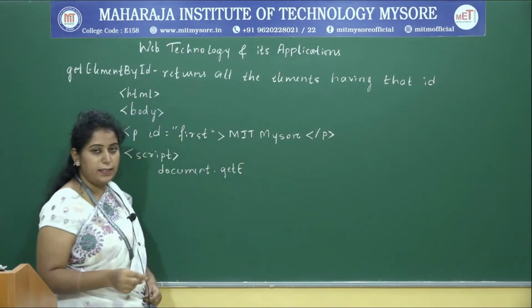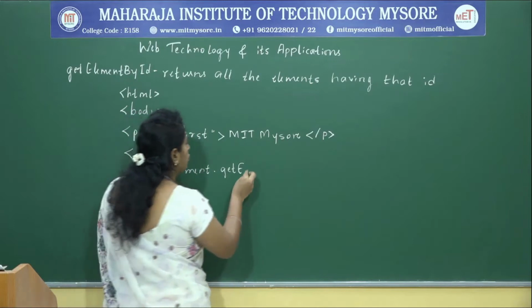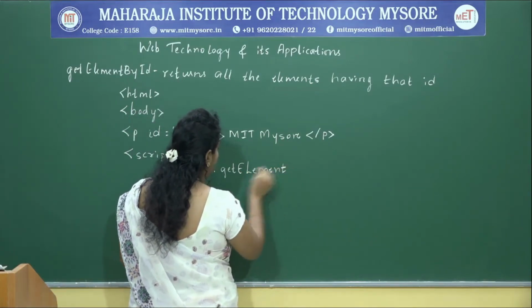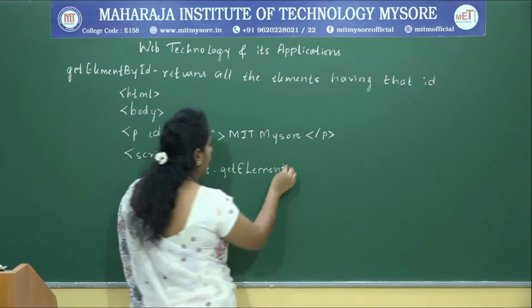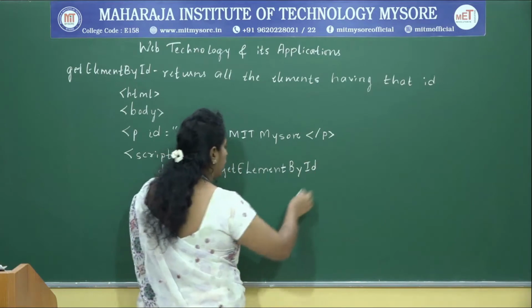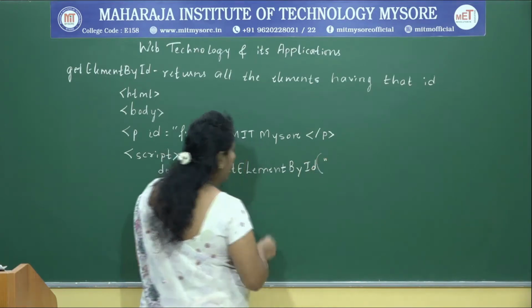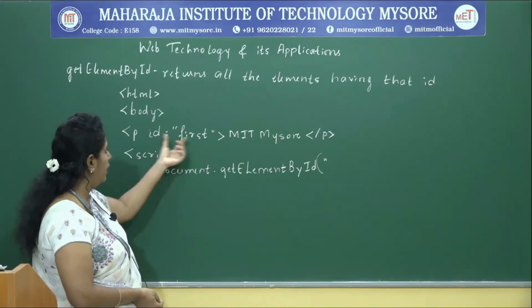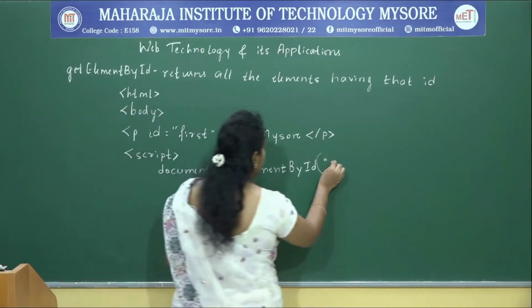This is case sensitive, so you have to write in the proper case: get, Element with E in caps, By with B in caps, Id with I in caps. It takes the ID as a parameter. Which ID? This element's ID, that is first.